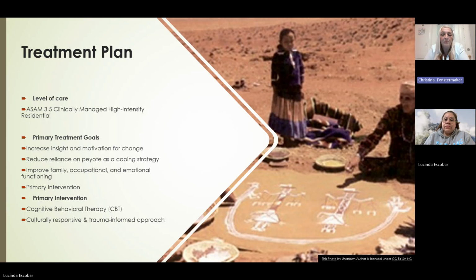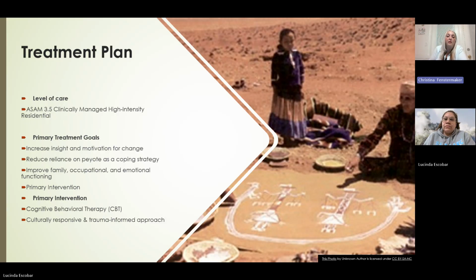So based on the ASAM assessment, Dakota is placed at a 3.5 level of care, which provides a structured, high-intensity residential setting appropriate for his low readiness to change and ongoing substance use. Treatment goals focus on increasing insight, reducing reliance on peyote as a coping strategy, and improving overall functioning in family and work roles.